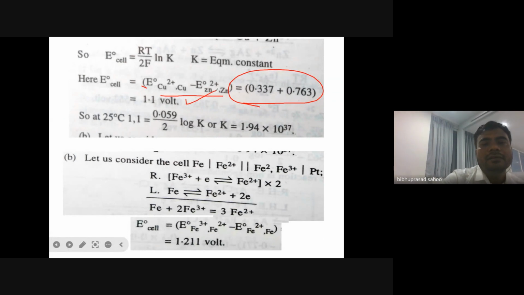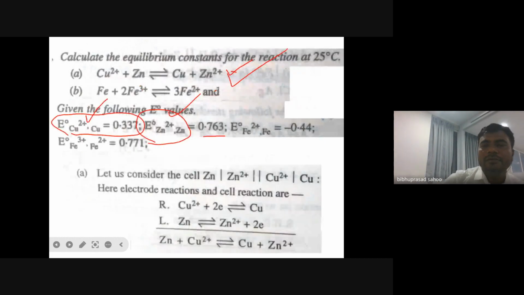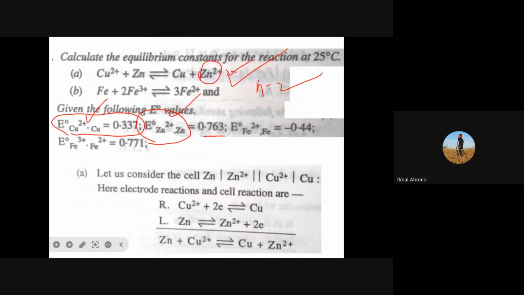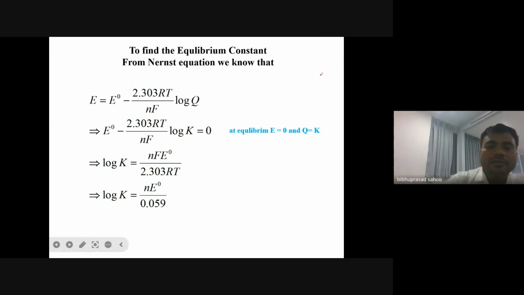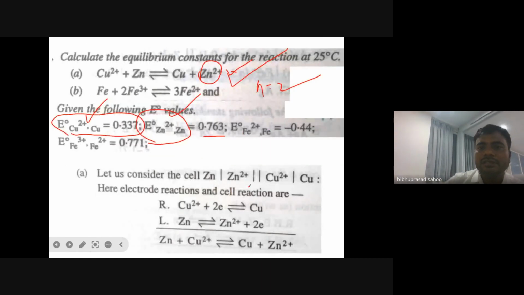Then your equilibrium constant K is equal to... here the number of electrons, who can say the number of electrons? 2. So in this formula, you put 2 into E naught cell. What is E naught cell you got?